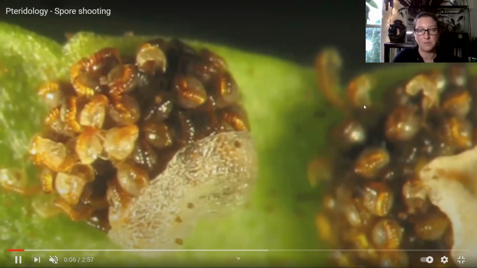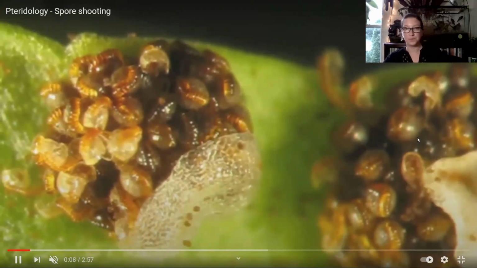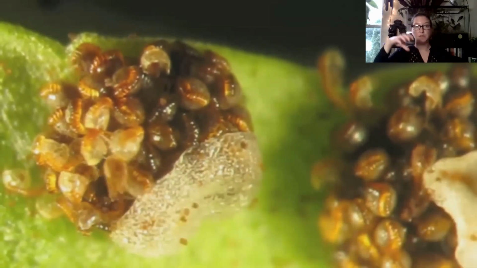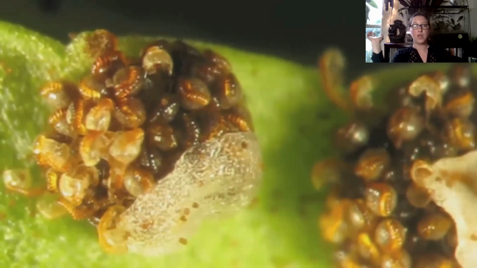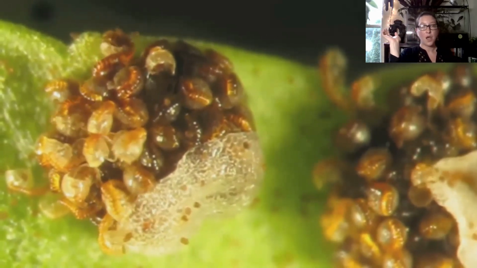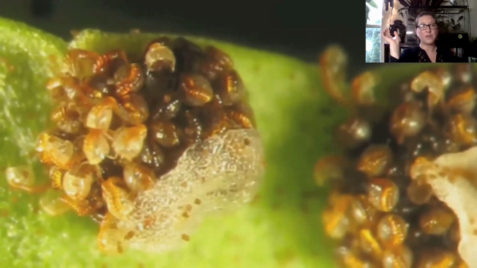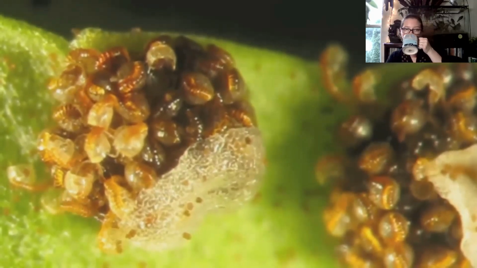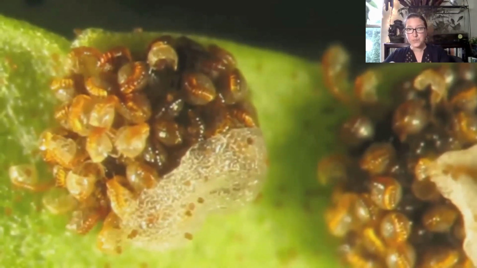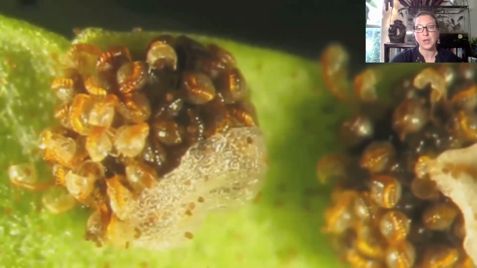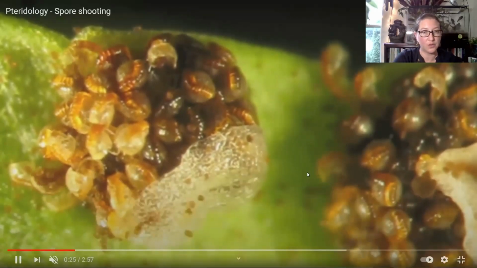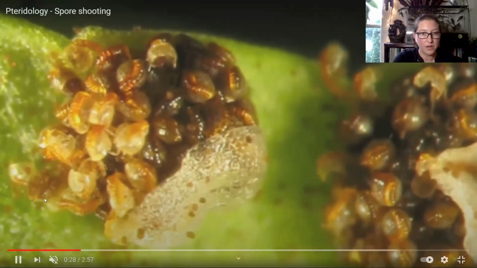So let's let them do it. See, look, the annulus is changing due to changes in humidity. And look at the one on the top. Oh, boom. Boom. Like little catapults. Look at the one on the bottom left over here.